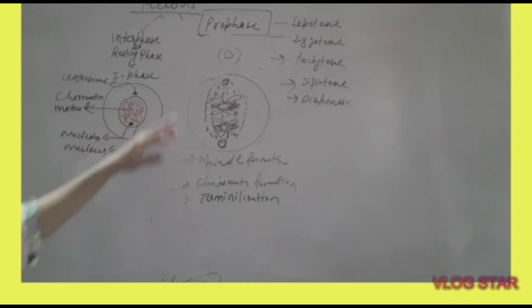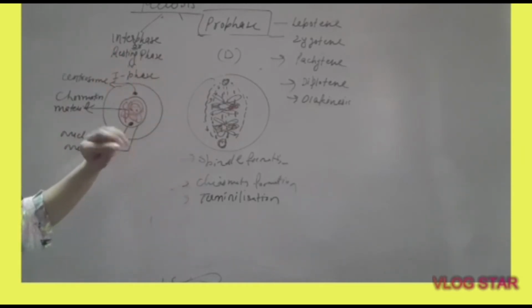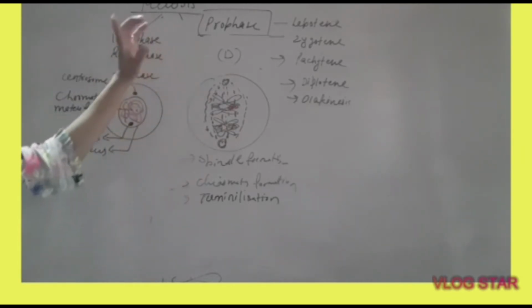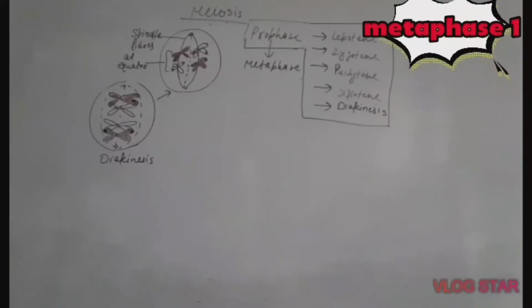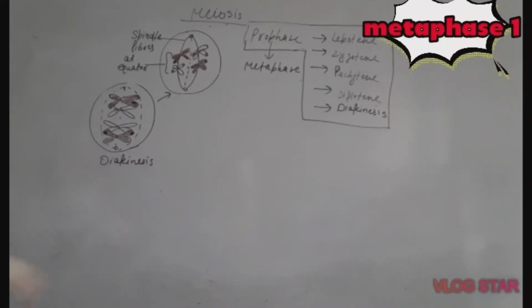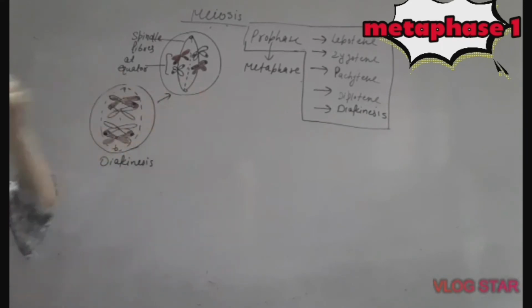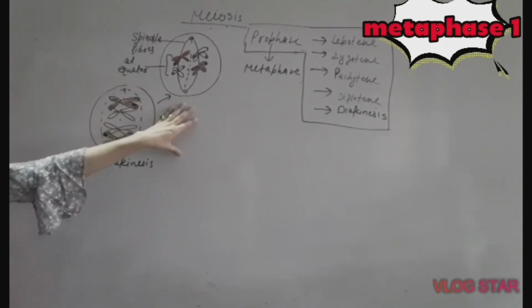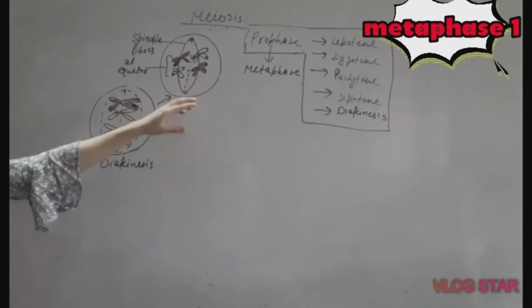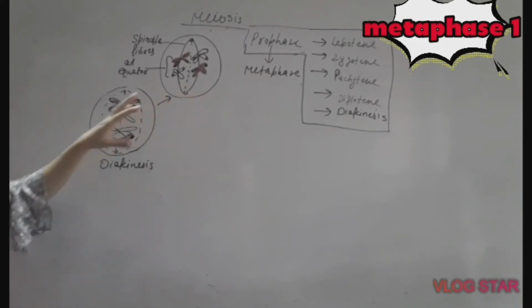Now let us move on to the next step of meiosis. First was prophase, which we have completed. Next is metaphase. Let us study the changes which we can observe in a cell during metaphase. When the cell enters into metaphase, what happens?